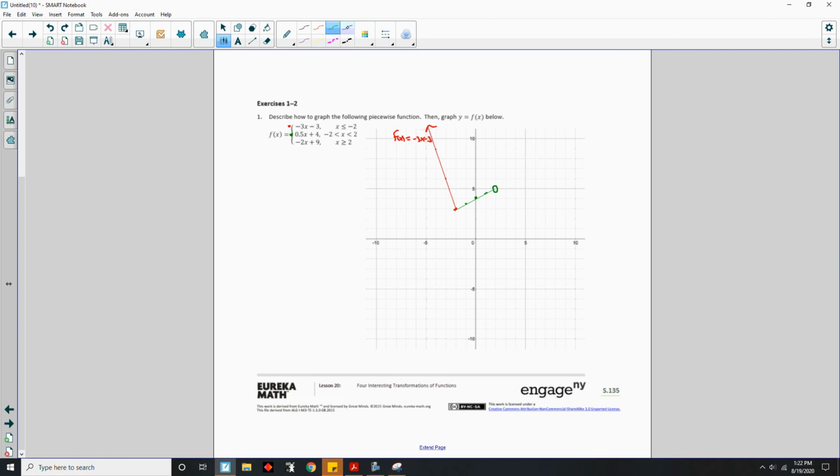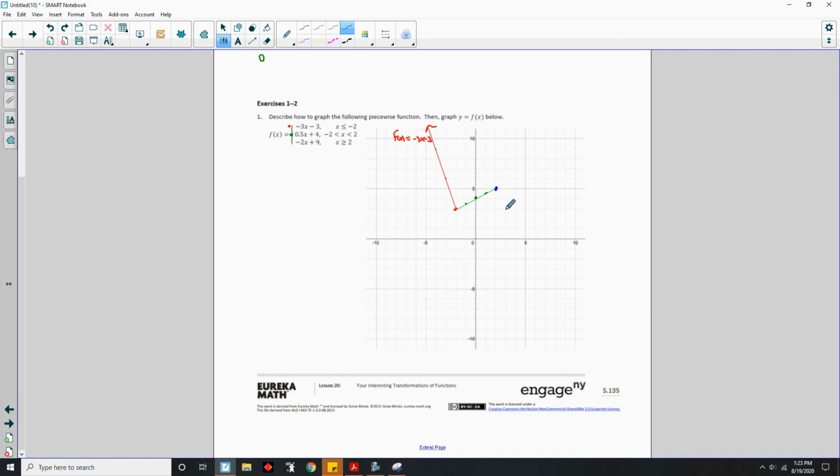And then finally, the last piece of the piecewise function is when x values are equal to and greater than 2. So now let me just move this out of the way. Okay, that was neat. All right, so then I plug in 2. 2 times negative 2 is negative 4, plus 9 is 5. So now I am including that point right there. And then when I choose 3, 3 times negative 2 is negative 6, plus 9 is 3.